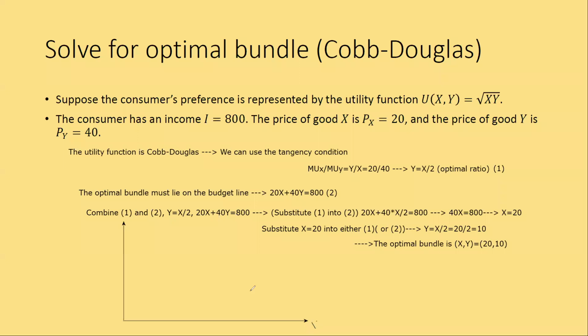So we have good X and good Y. I'm going to draw the budget constraint again as an orange line. The slope of this budget constraint is negative px divided by py. In our case, it is negative 20 divided by 40, which is negative 0.5.